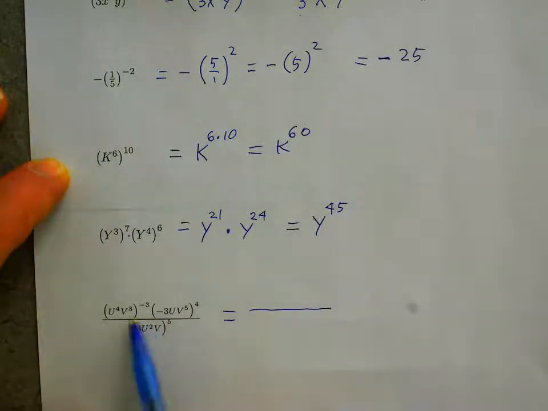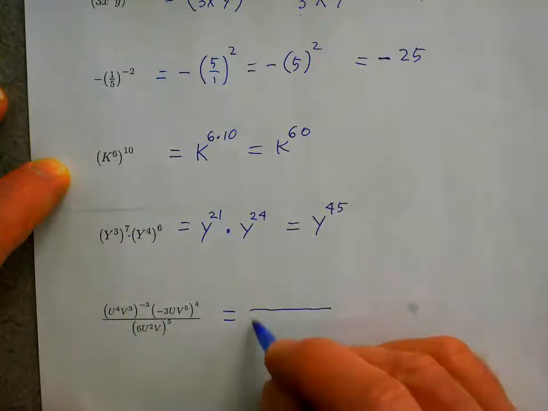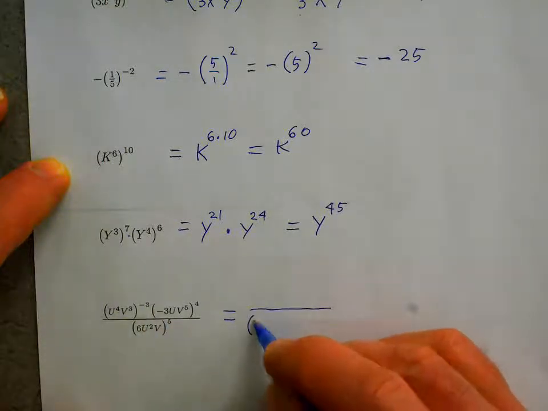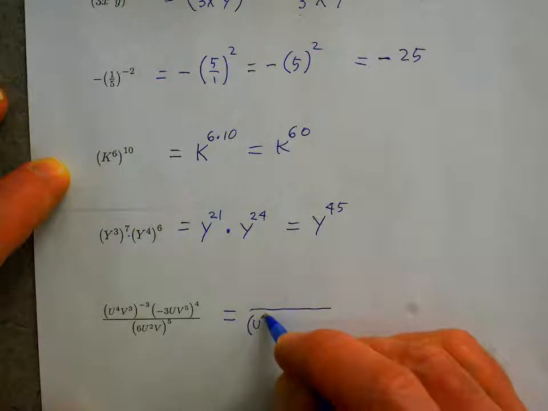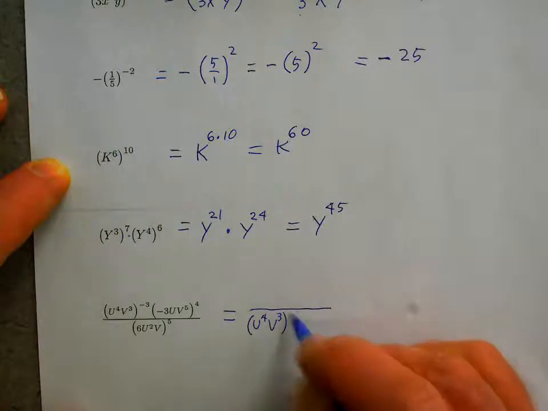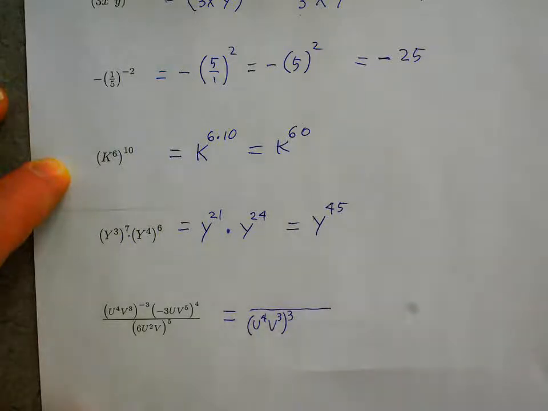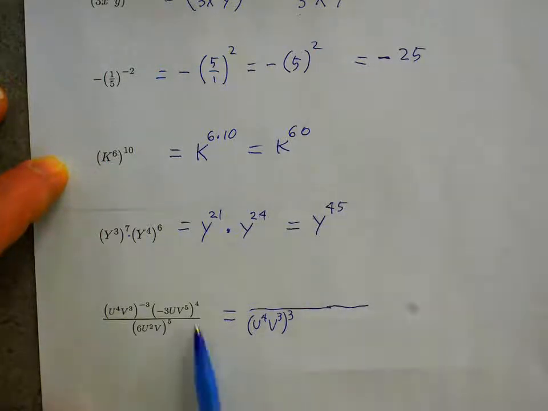So what we can do is write in the denominator u to the fourth, v to the third to the +3. The other expressions already have positive exponents, so they're not going to move. But we can start simplifying those.